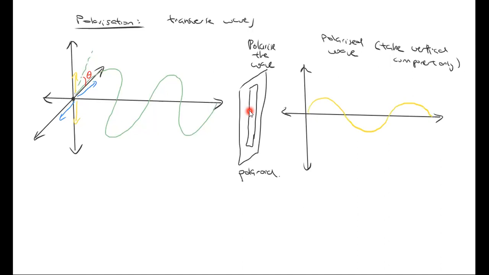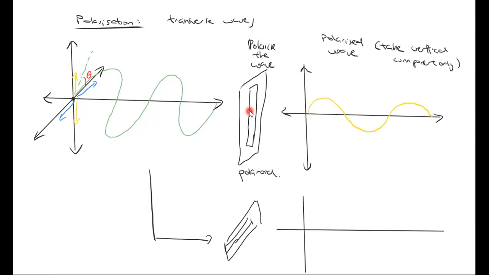All right. Now, obviously, I could have done it the other way. I could have polarized it this way. And that would then give me the horizontal component only. I suppose I shouldn't draw the up down at all. But in other words, I'm ending up with a wave that only goes this way, and the magnitude would still be relatively larger than the yellow, but it would still be smaller than the green.